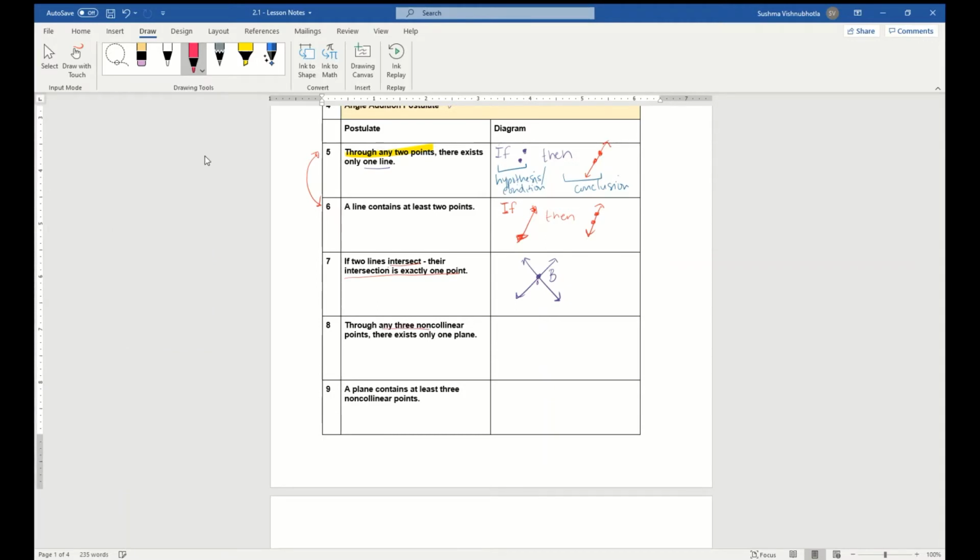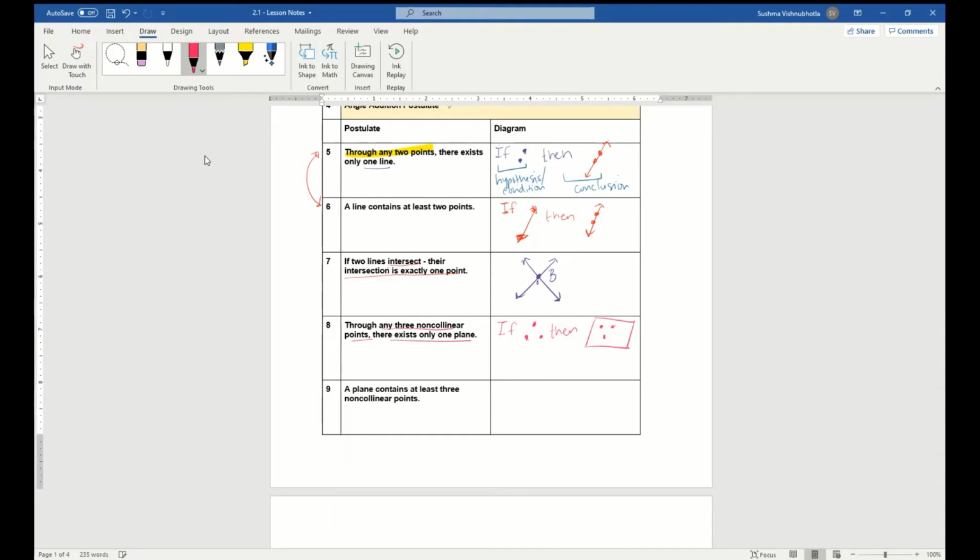Through any 3 non-collinear points, there exists only one plane. So if I have 3 non-collinear points, then I can only draw one plane that would contain these points.